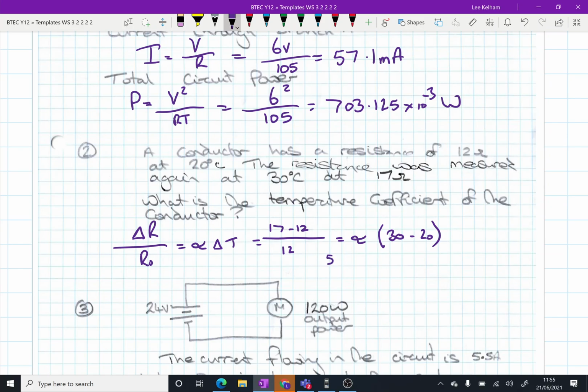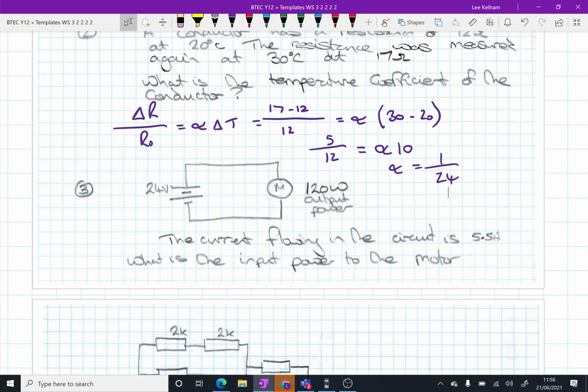So 5 over 12 is equal to the temperature coefficient multiplied by 10. How do we get the 10 across the other side? So we're going to divide 5 over 12 by 10. That gives us our temperature coefficient, which is 1 over 24. And I can just leave it like that.